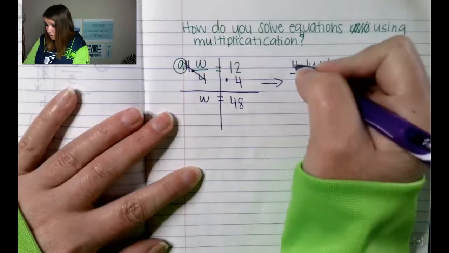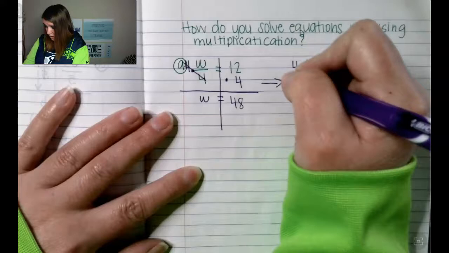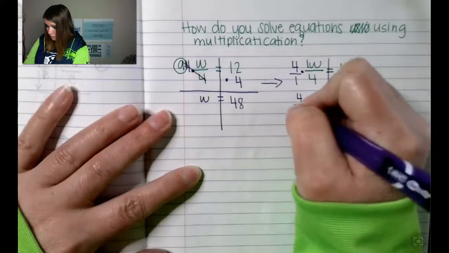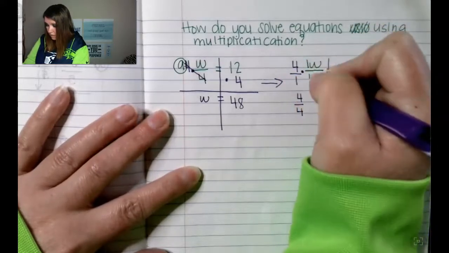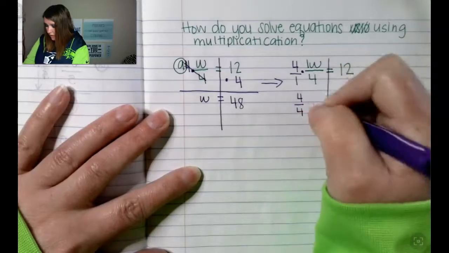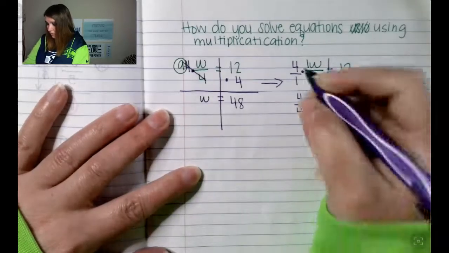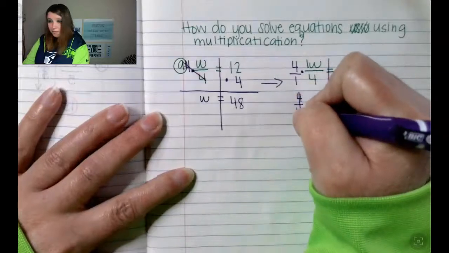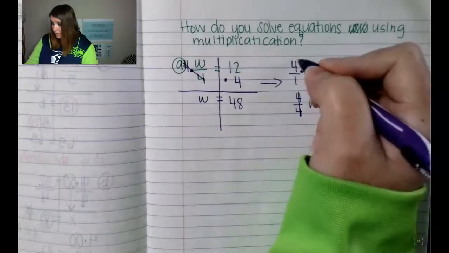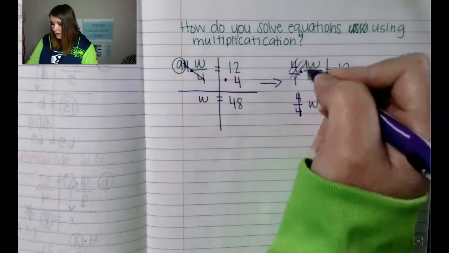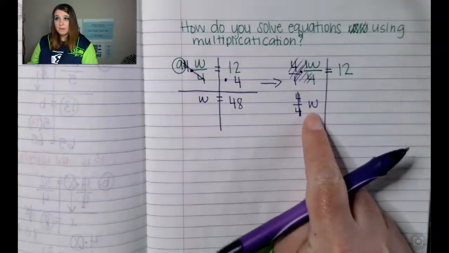Now 4 times 1 gives me 4 over 4. 4 times 1 is 4, and 1 times 4 is 4. This gives me 4 over 4 W. Well, look, I now have my 1 that I can cross out. This up here now goes away, and I've isolated my variable.